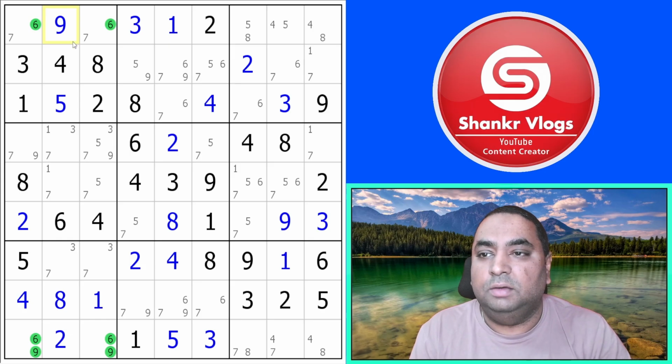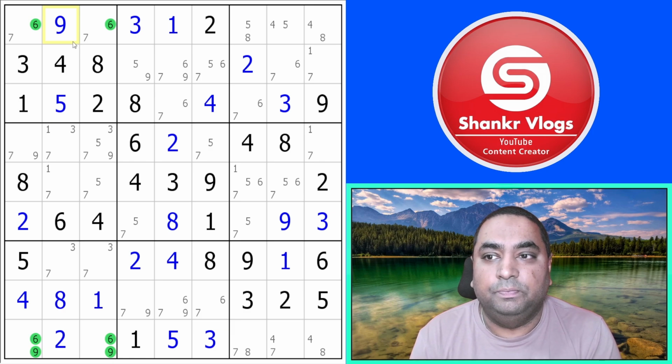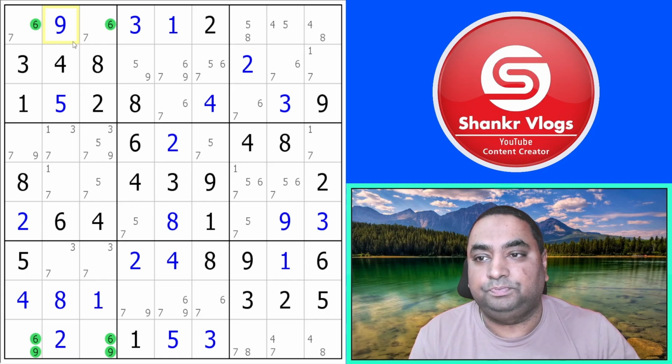In this way we can remove candidates using the type 2 rectangle concept. Only one single unit will be formed with type 2. The combined additional candidate of the two cells forms a single unit, and through that single unit the candidate can be removed wherever it appears in other cells of the same row, column or block.